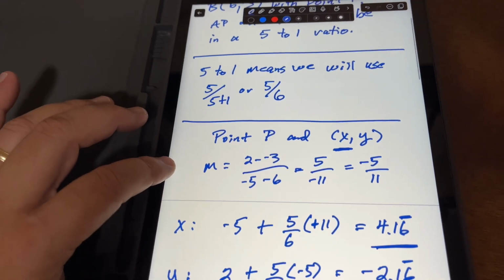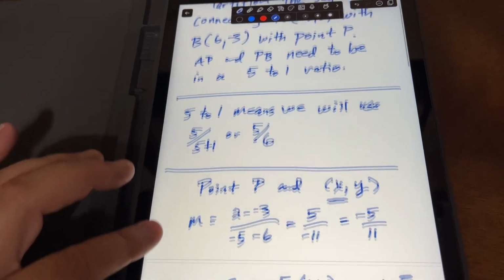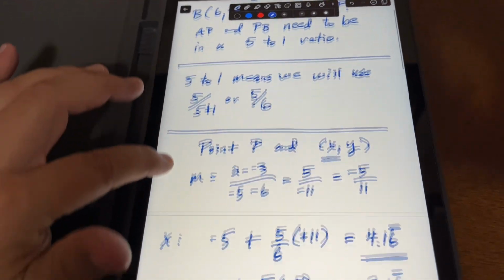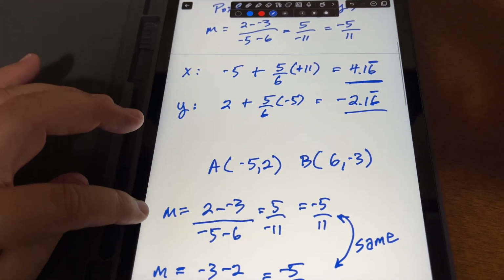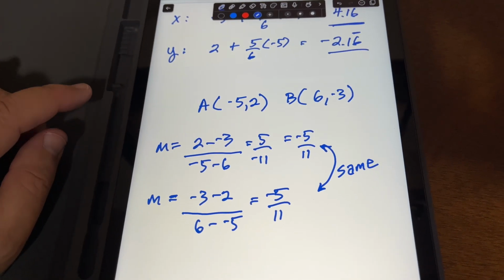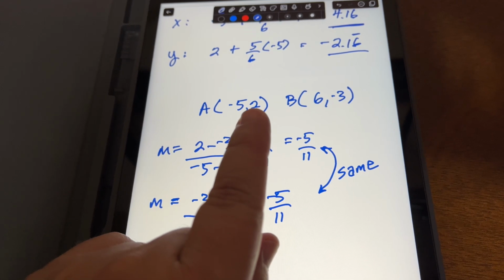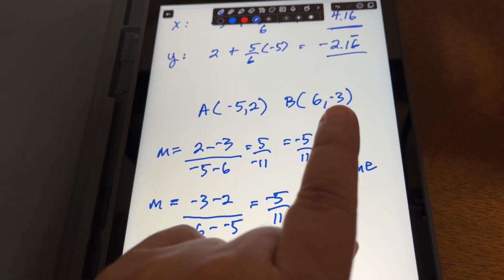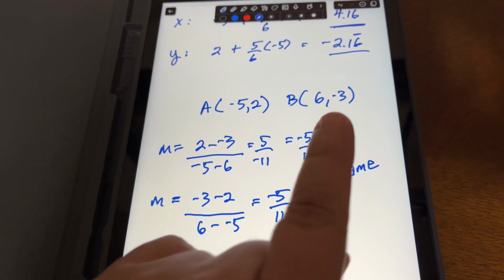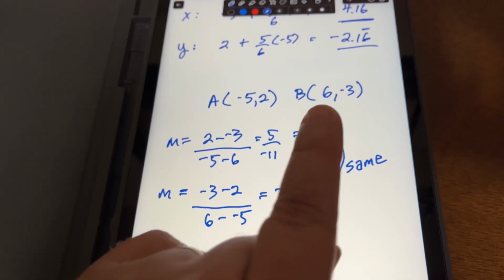The next thing we're going to do is find the slope. So the slope between those 2 points, let me show you how you can do that right here. Given these 2 points, we're going to find the slope. Now you can either do y sub 1 minus y sub 2 and put that on top, and x sub 1 minus x sub 2 and put that on the bottom.